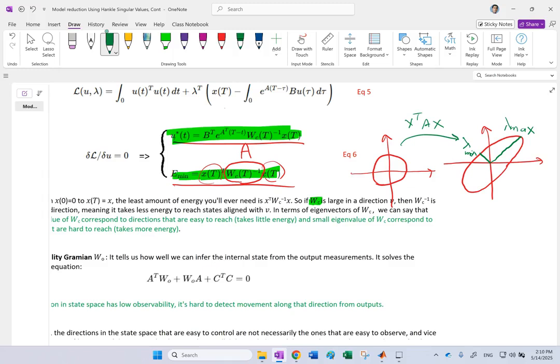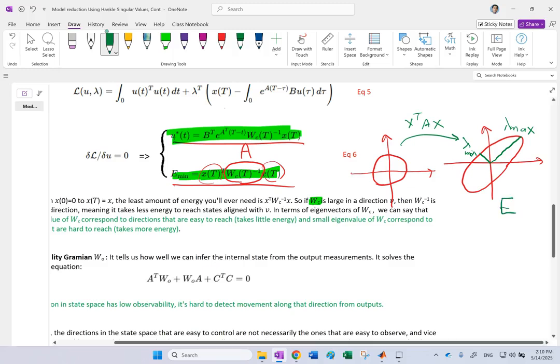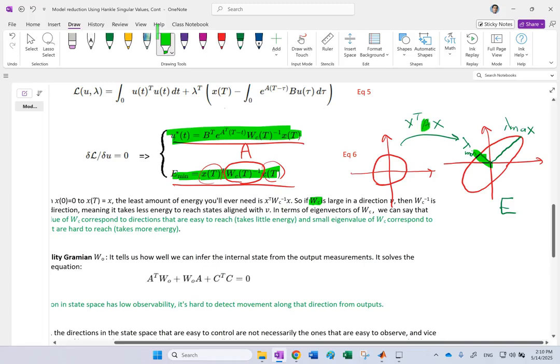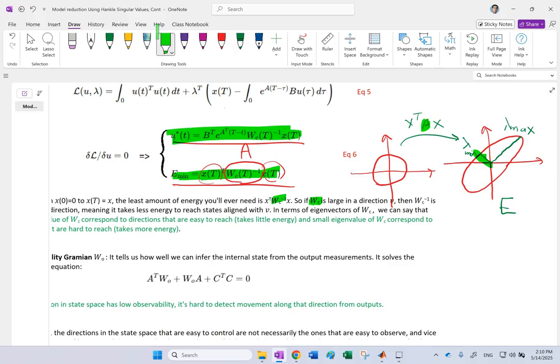So now this is the energy space. If you want to have the minimum energy, what do you need? If you want minimum energy for any direction, you have to have the minimum eigenvalue of this A matrix. But in this case, that A matrix for you is the WC inverse, right?